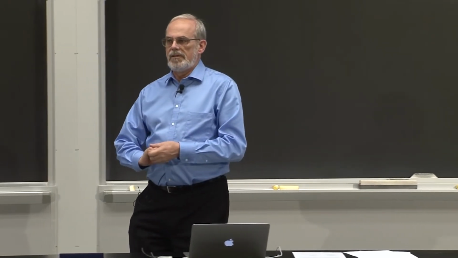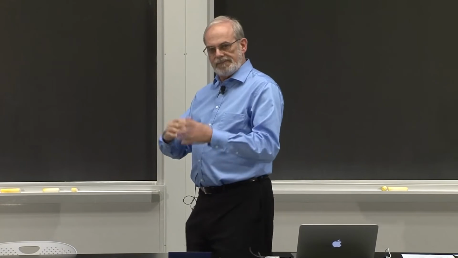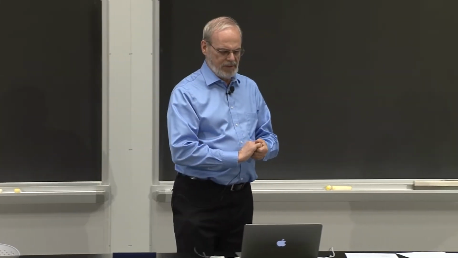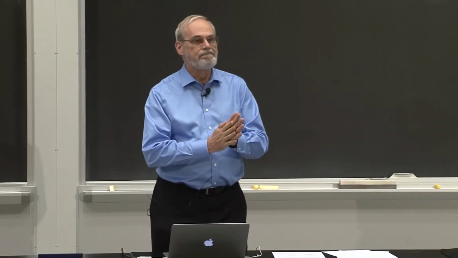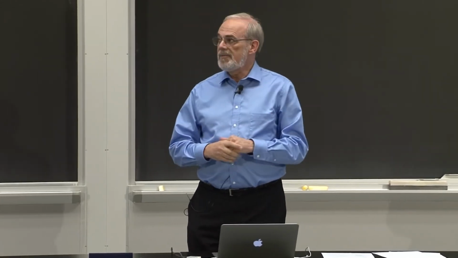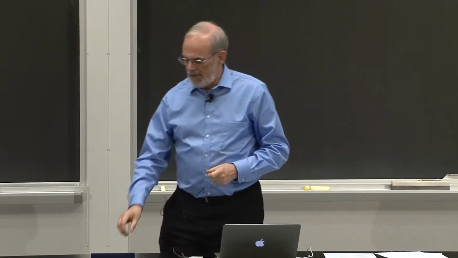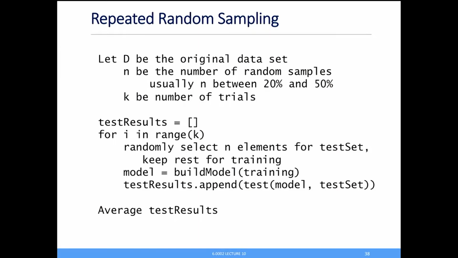The other way you can deal with it, which has a nice effect to it, is to use what's called repeated random sampling. Again, start out with some data set. And what I'm going to do here is run through some number of trials. I'm going to call that K, but I'm also going to pick some number of random samples from the data set. Usually, I think N, as I recall it, is somewhere between reserving 20 to 50% of the samples out.